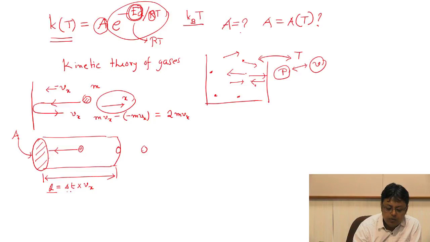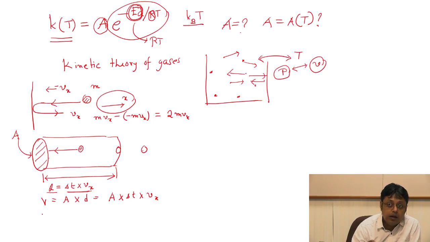Whatever molecules are within this distance will strike. And so the volume is nothing but this area times this distance, which is A times delta t times vx.